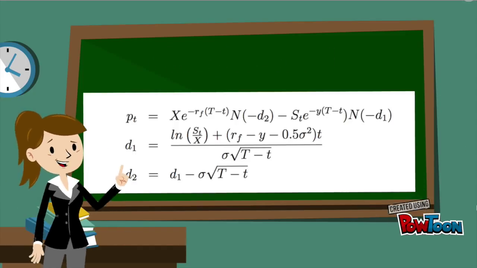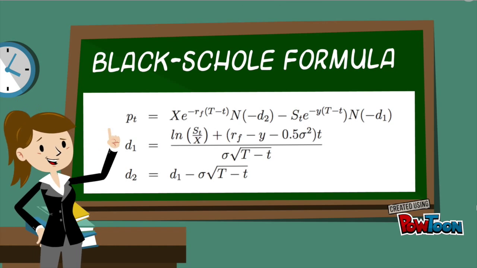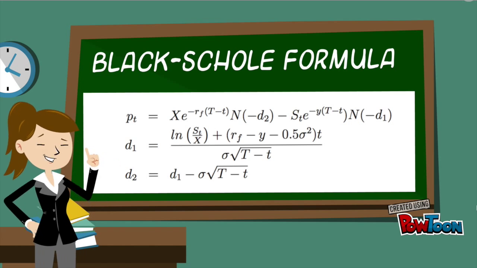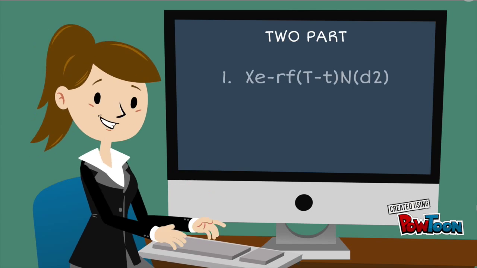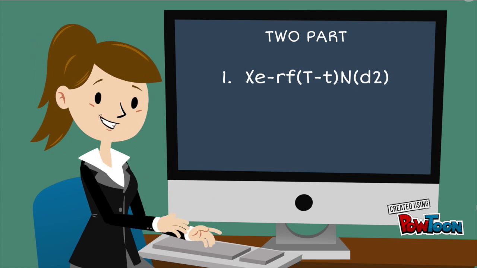So we are going to talk about all 5 factors and use the Black-Scholes model to figure out the put option price.